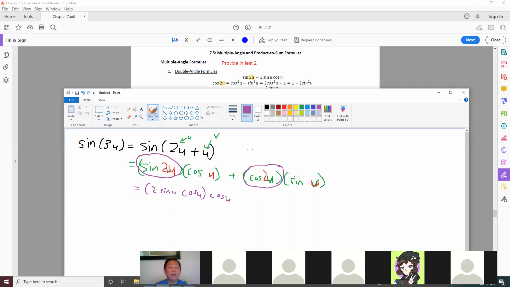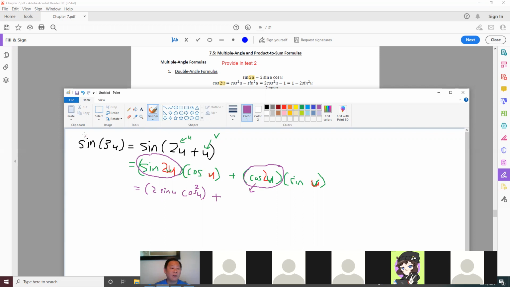Now this is all multiplication, so that gives us cosine squared u in this case. Plus this one. Now, for cosine 2u, we have 3 formulas: the first one, the second one, and the third one.